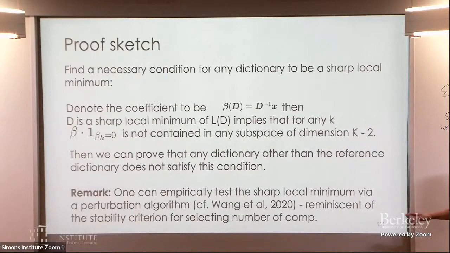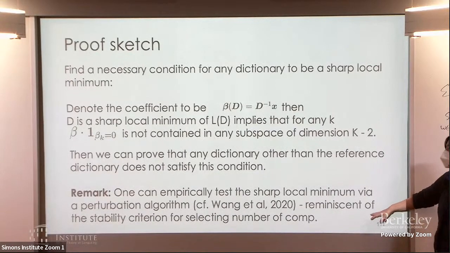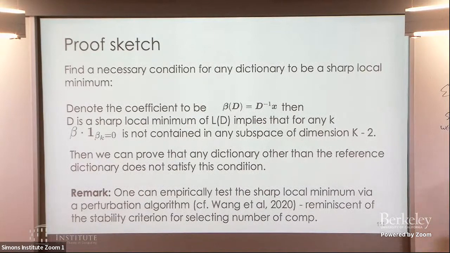And how do you check the sharp global minimum? We designed a stability type of numerical algorithm. It's reminiscent of the stability for selecting the number of components. It's not exactly the same, but if things are perturbed and still don't change much, then you know it's a sharp global minimum.